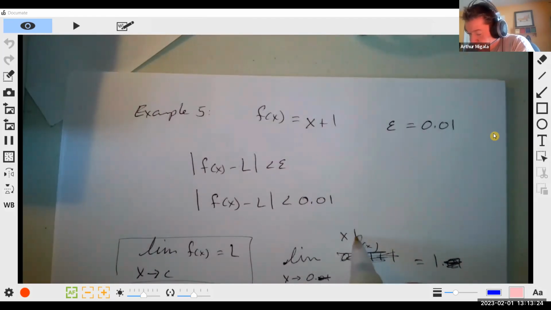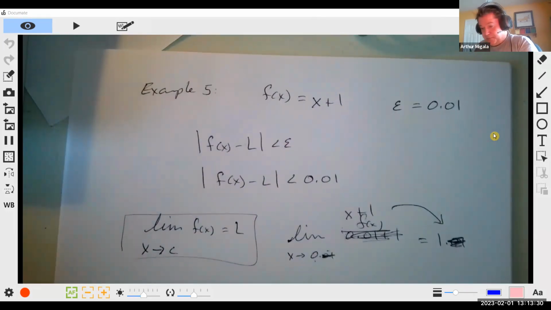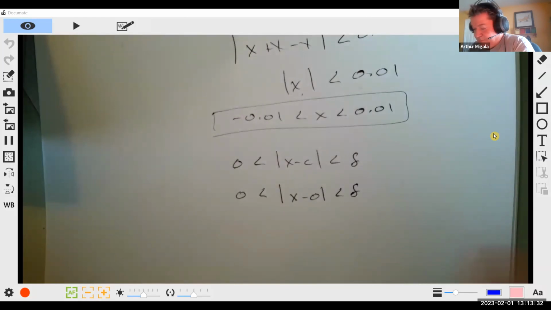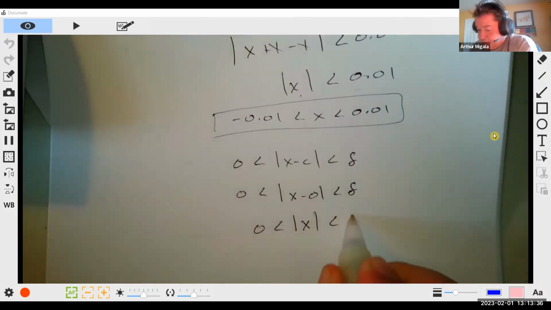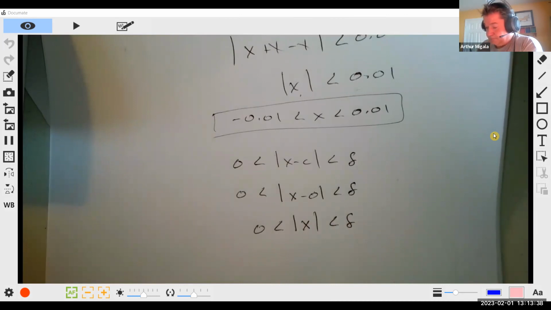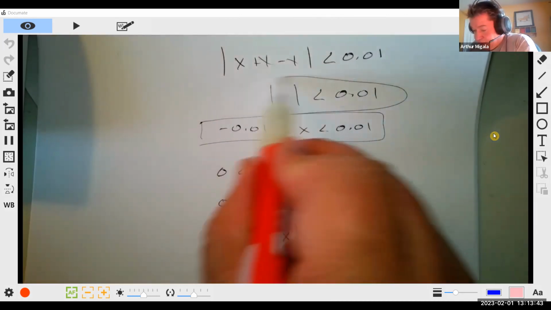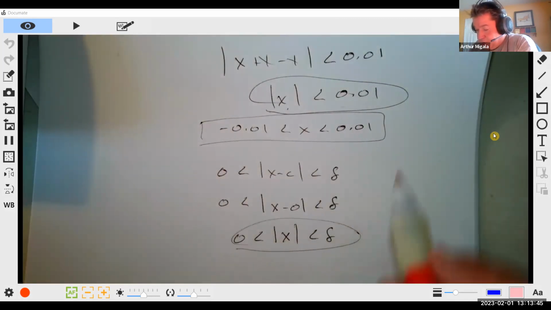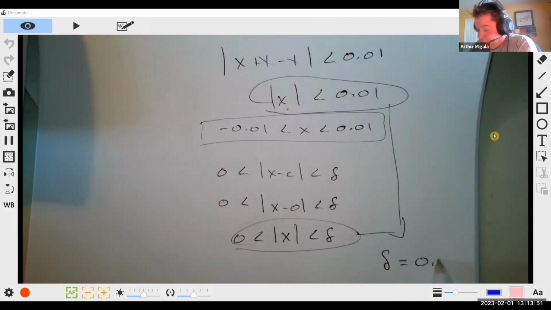I had x plus 1, and what value of x would make it equal to 1? If x is 0. So that's my limit. That's the x value. So I have 0, absolute value of x. Now if I look at this and I look at this, this says my delta is equal to 0.01.